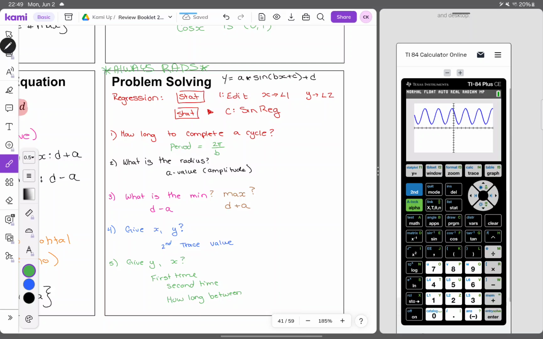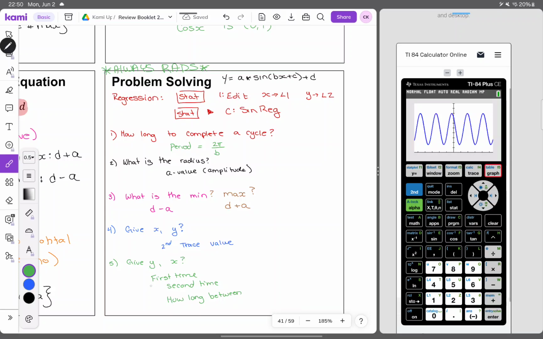So maybe my graph didn't come out nicely like this. If I go zoom, you can see there's a zoom trig. It's actually going to mess up my graph in this case, but it will help if your graph is not looking properly. So I can see I need to make my Y max higher. So let's say 10, my min 0, and there's my next graph.